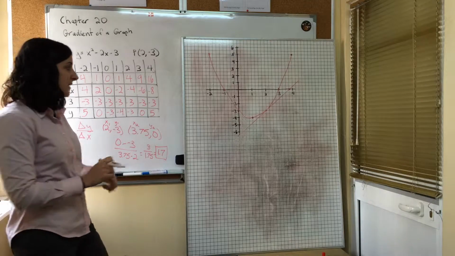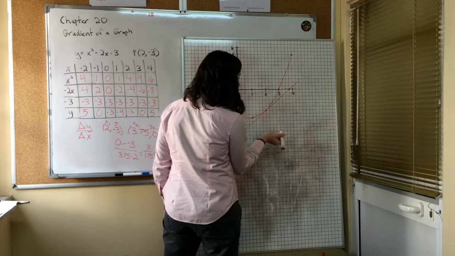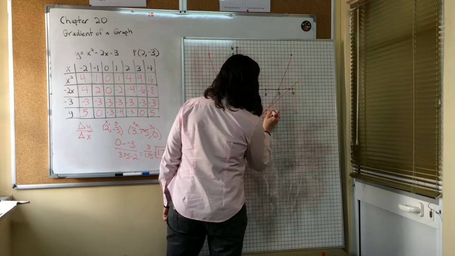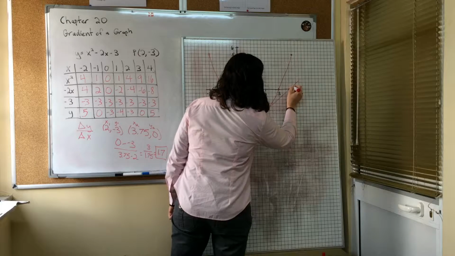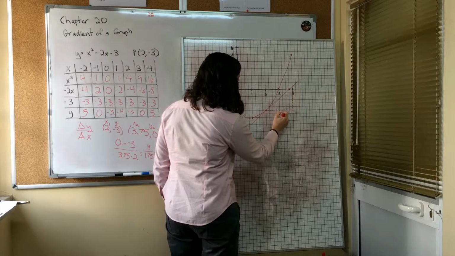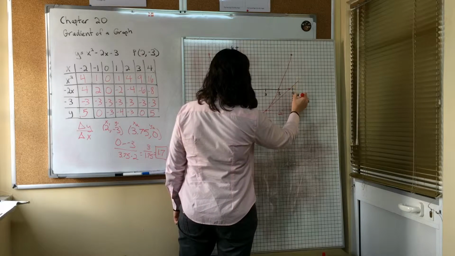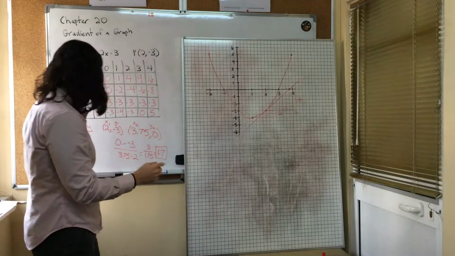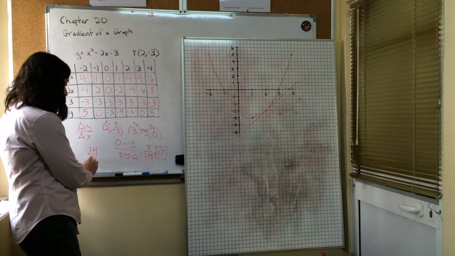The book shows you a different way as well. We can go from this point and we can draw a triangle to another point on the graph. So we could go like this, and if we went here to 4 and we went up, then from 2 to 4 is going to be 2, and up from -3 to, if we call this 1.4, then we would say rise 1.4 over run 2.